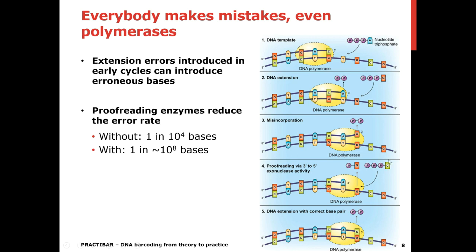So what is a proofreading enzyme doing? For instance, here you see you have a wrongly incorporated G. So you have a GG here, and proofreading enzymes have a 3' to 5' exonuclease activity.